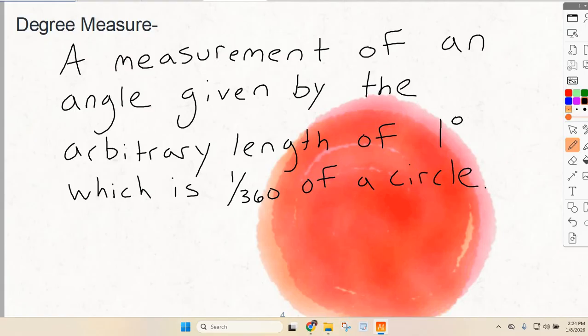Remember, we have 360 degrees in a circle. Arbitrary basically just means someone made it up. They came up with how much a degree is going to be, and they went from there. I think we talked a little bit yesterday that the problem with degrees is that it's harder to get really, really small with degree measurements, which means that they aren't always the most accurate.